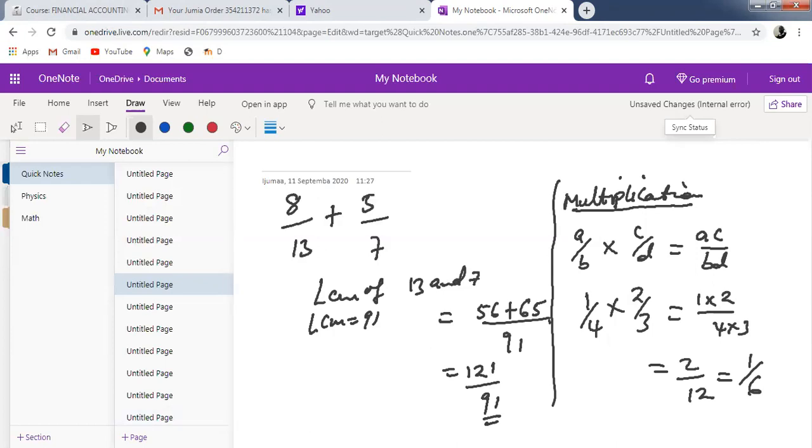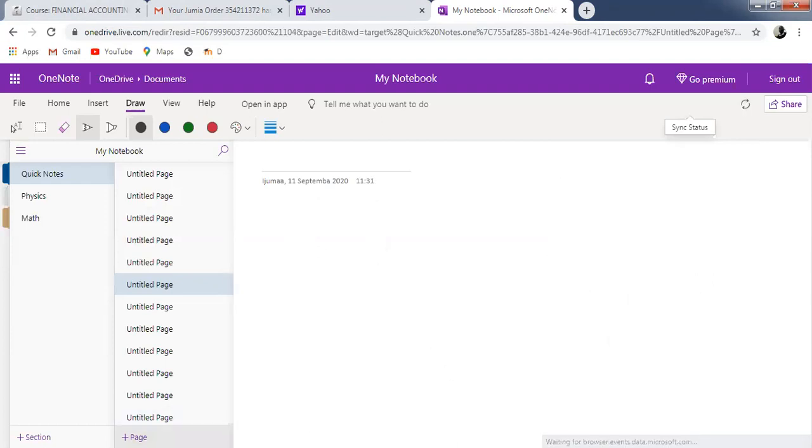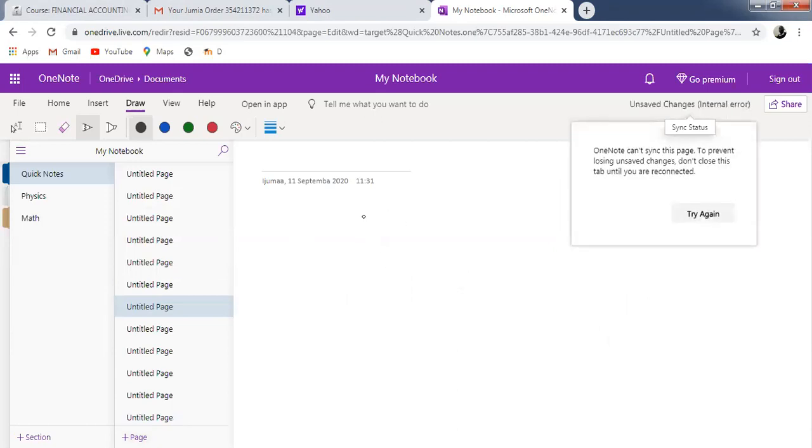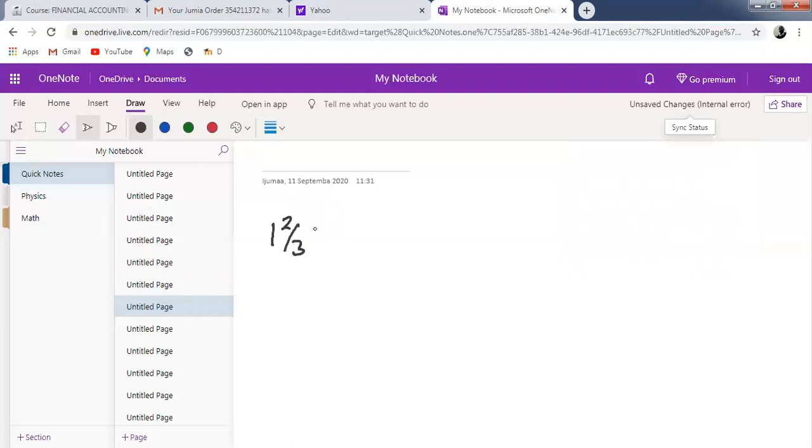But you can be given a fraction which is actually a mixed number. For example, you are given 1 and 2 over 3 times 4 over 5. This one must be converted into an improper fraction, where we shall have 1 times 3 is 3 plus 2 is 5.